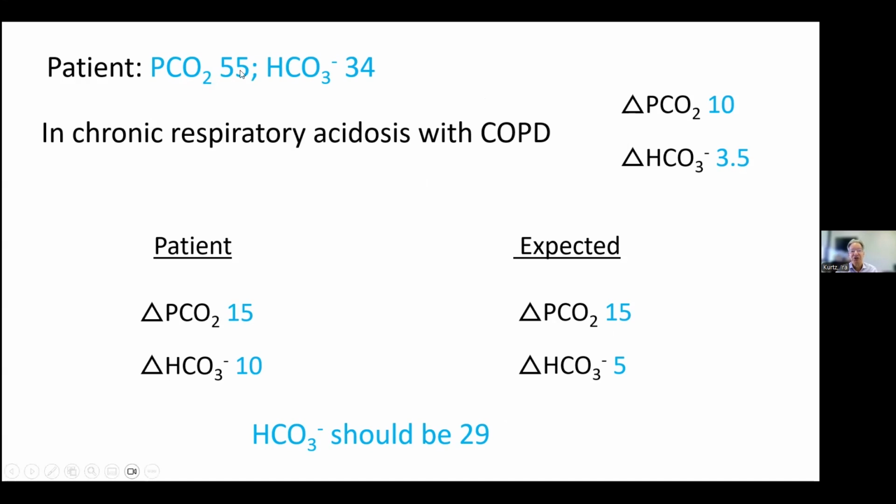But for the PCO2 of 55, if it was due to chronic respiratory acidosis, the bicarbonate should have only gone up to 29, given this proportionality for the simple acid-base disorder. In our patient, the bicarbonate is up more than that, which means we have to account for something else raising the bicarbonate other than chronic respiratory acidosis.